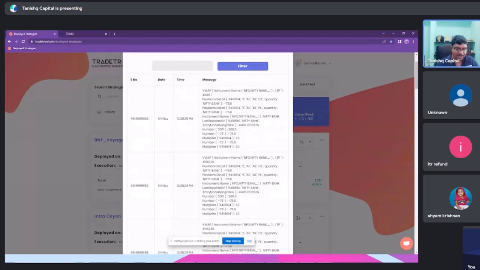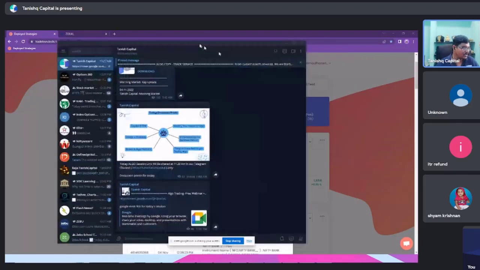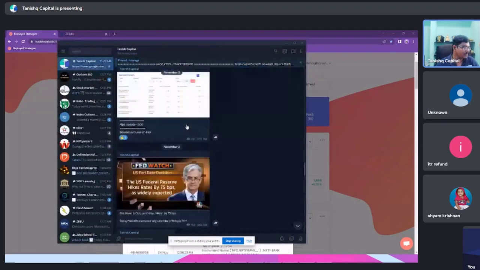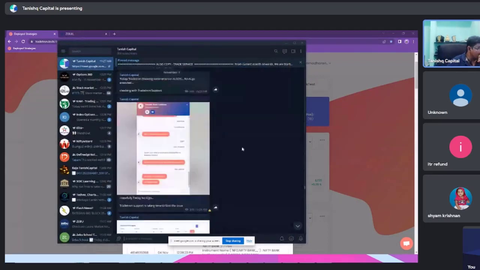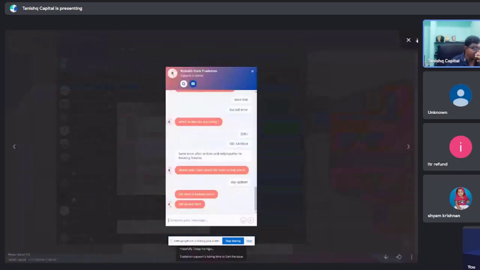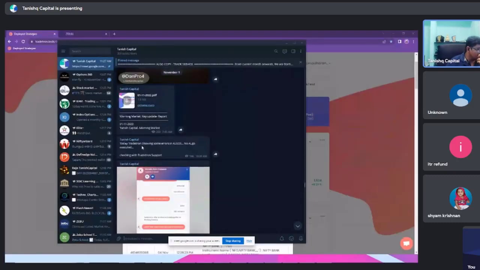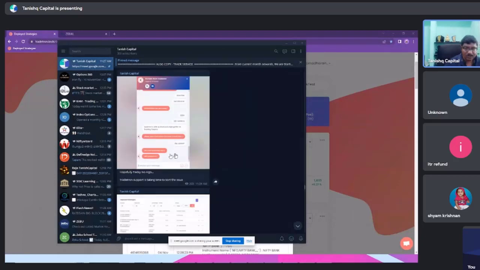Even in our Telegram channel I showed you: because of some execution error, it was not punching any order. I said, today TradeRun is showing some error in algos, now algo executed, checking with TradeRun support. So we will do everything. If it is a basket, we will concentrate on everything.